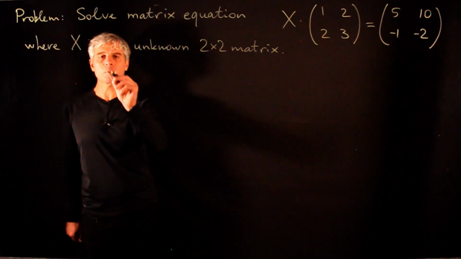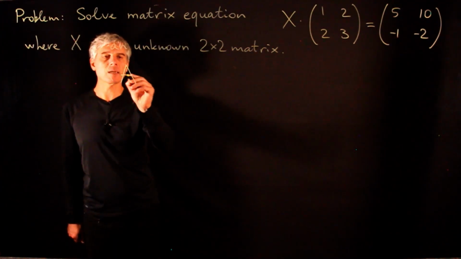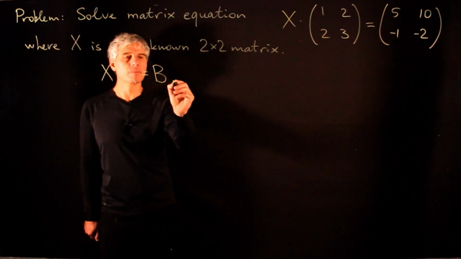So here, this equation looks like this: X times A is equal to B.